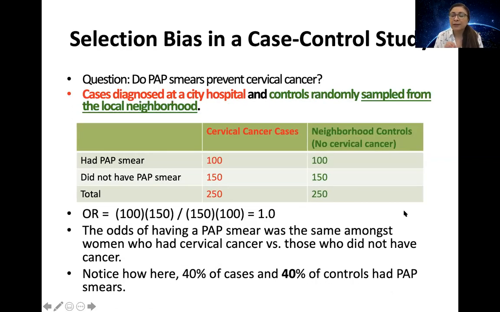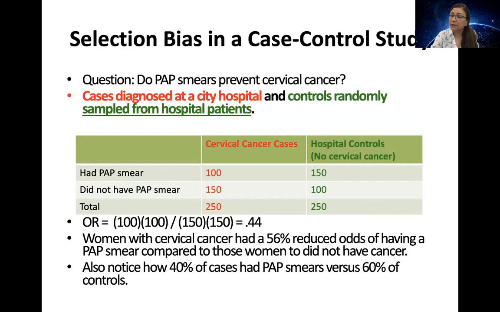So clearly, the reason why I wanted to do this calculation about the number of women in each group who had the exposure was so that you could see that there was a clear difference in the amount of women who had the exposure in the control group. There are fewer women in this neighborhood control group who had the pap smear versus in this hospital control.